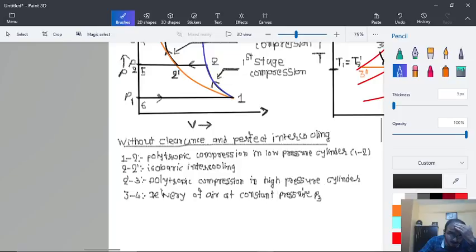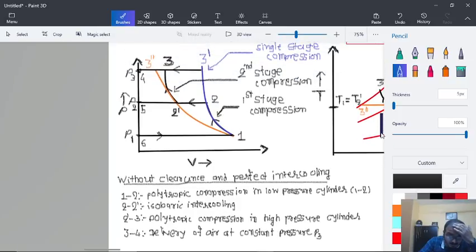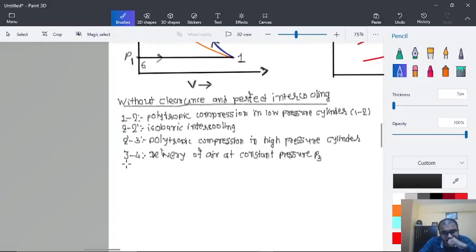Then we have here 1 to 3 prime as single stage polytropic compression.